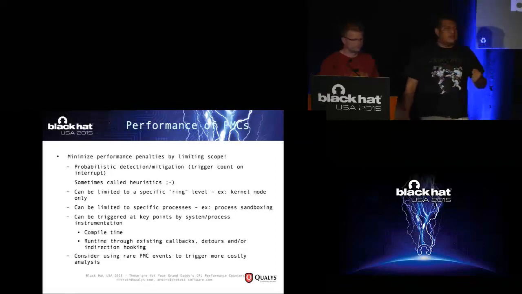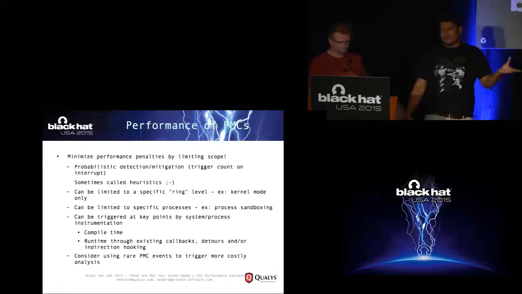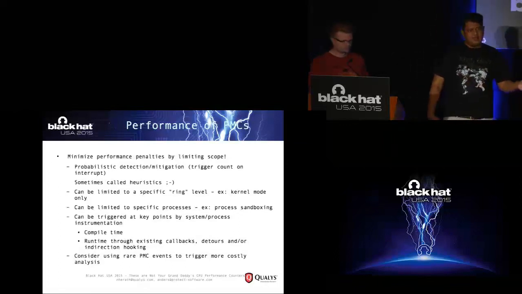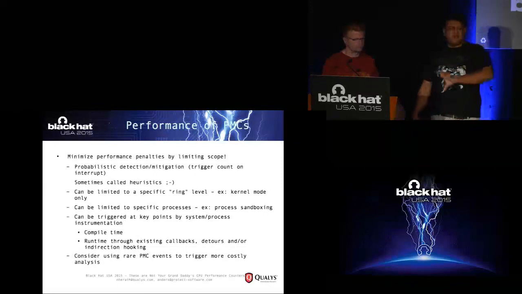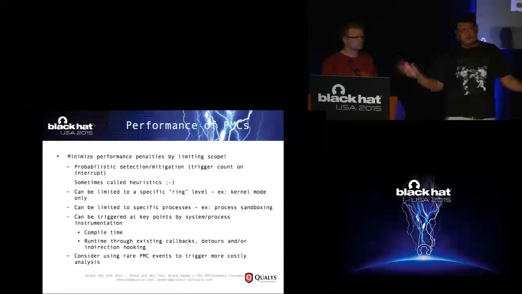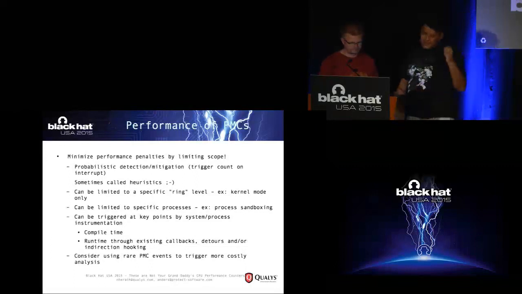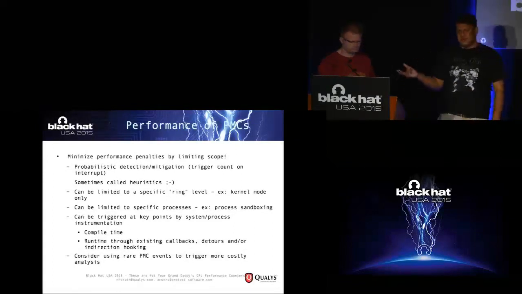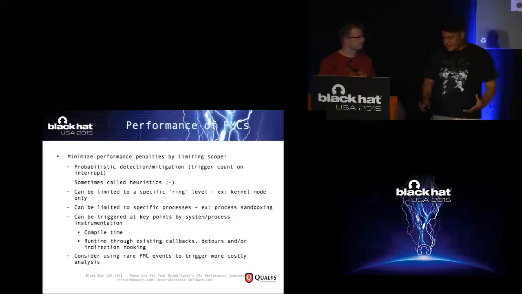The idea is that rather than looking for something that's already happening, you can instrument the program at compile time so that the generated code produces events that are visible with PMCs that you can look for. And at runtime, we can do it by installing instrumentation or hooks at certain points in the OS's functioning, and we can evaluate at those points.